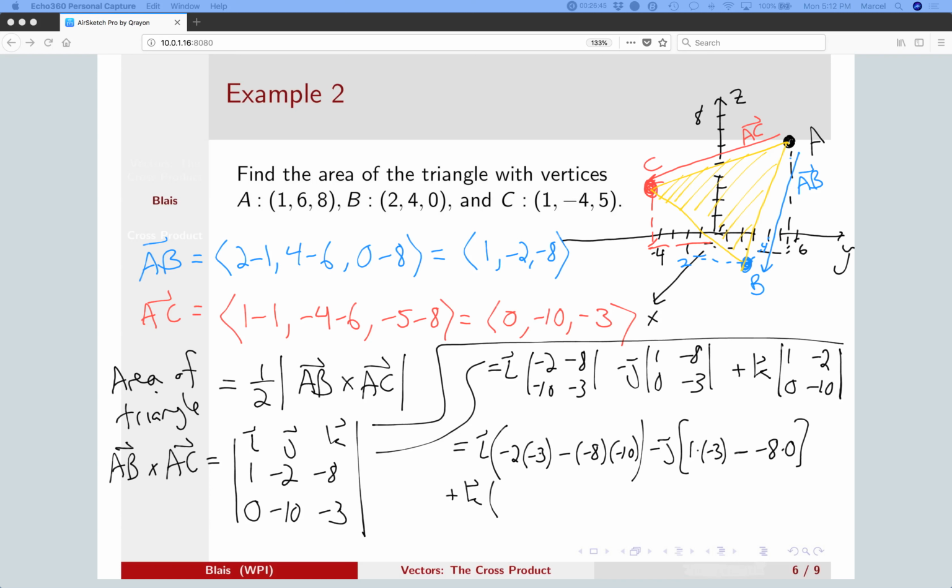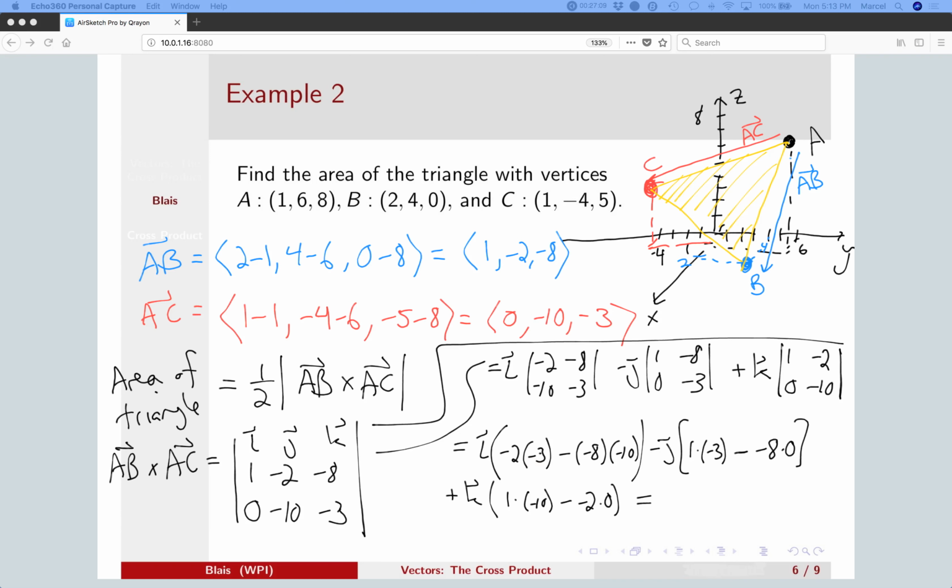For k, we have 1 times negative 10 minus negative 2 times 0. Which simplifies, let's see, here we have positive 6. 10 times 8 is 80.